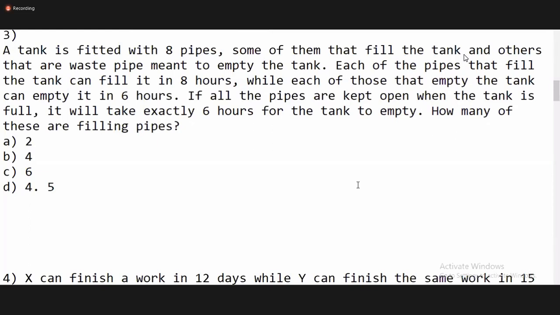So do you think the tank gets filled? No. Yes or no, guys? Because you are learning 5 questions and forgetting 5 questions. How will the tank get filled? No, that's not possible. Always there will be a difference. So that's not possible.